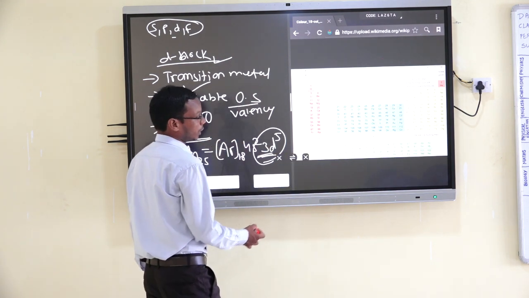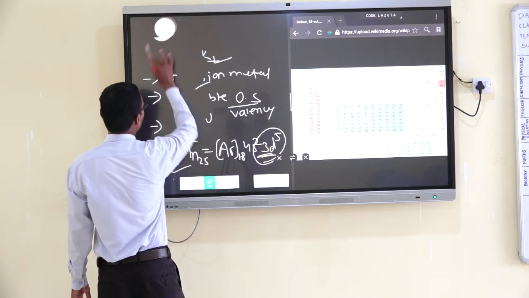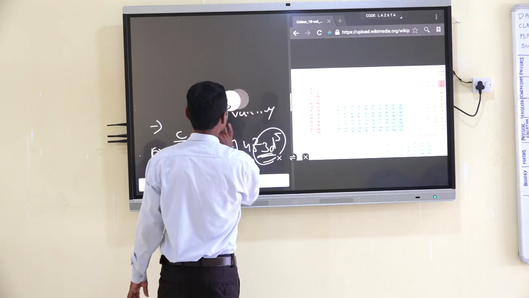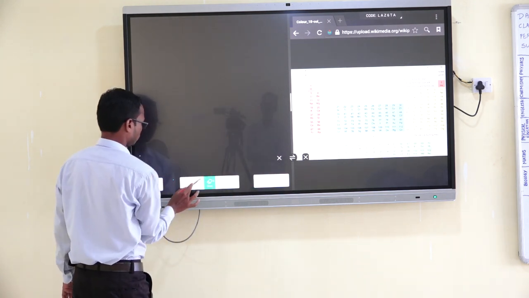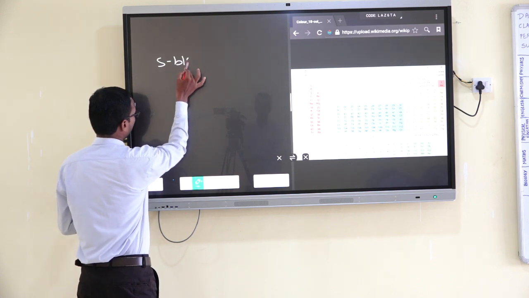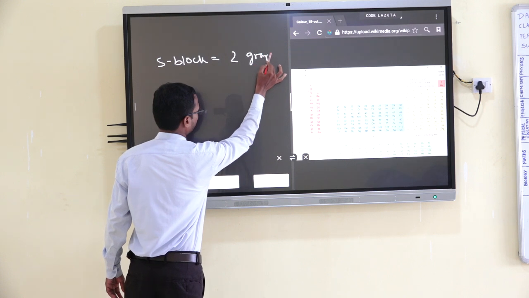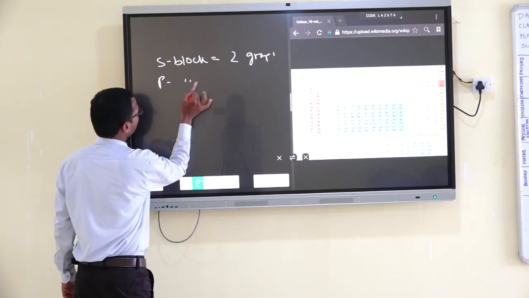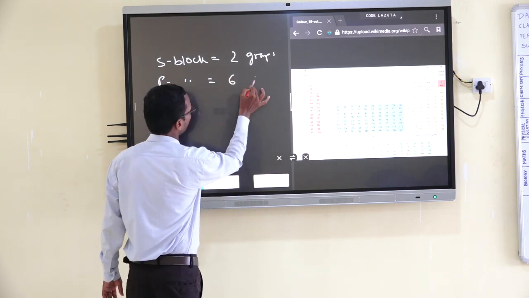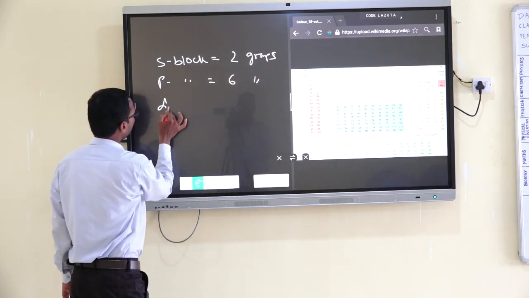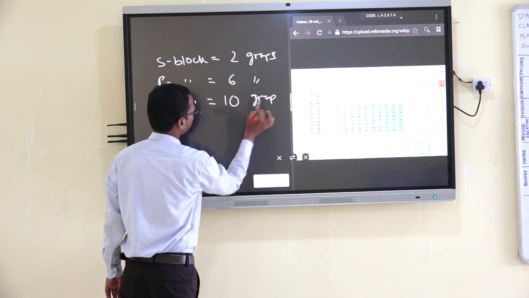Then what is the theory about the lanthanide and actinide series? Look carefully. In the S block there are how many groups? 2 groups. In the P block there are how many groups? There are 6 groups. In the D block there are how many groups? 10 groups.